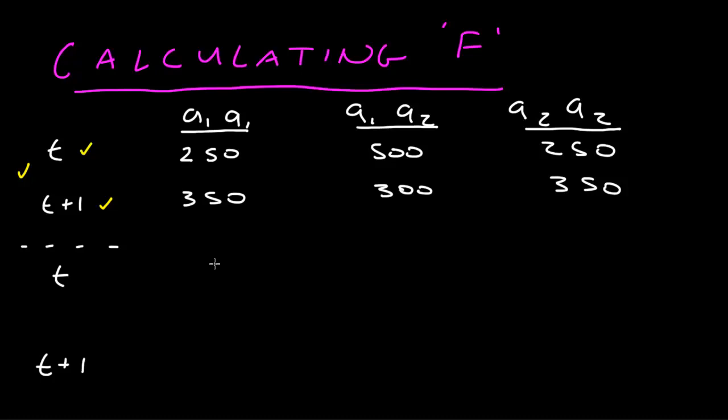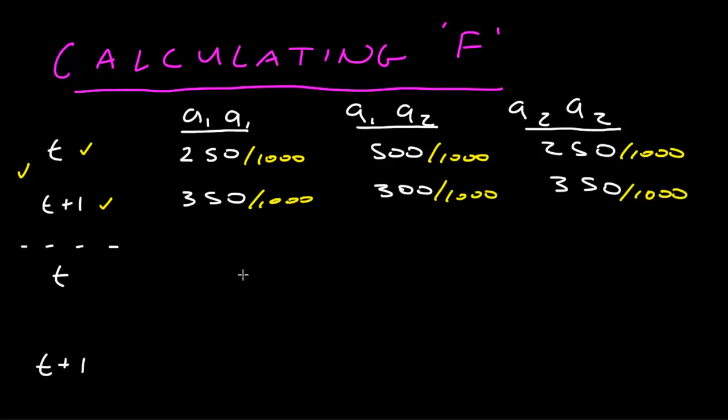To calculate F, the first thing I'm going to do is estimate proportions of genotype frequencies, not just number of individuals, but proportions in our population. So I'm going to divide each one of these numbers by 1,000. Easy enough, right? Divide by 1,000 individuals.